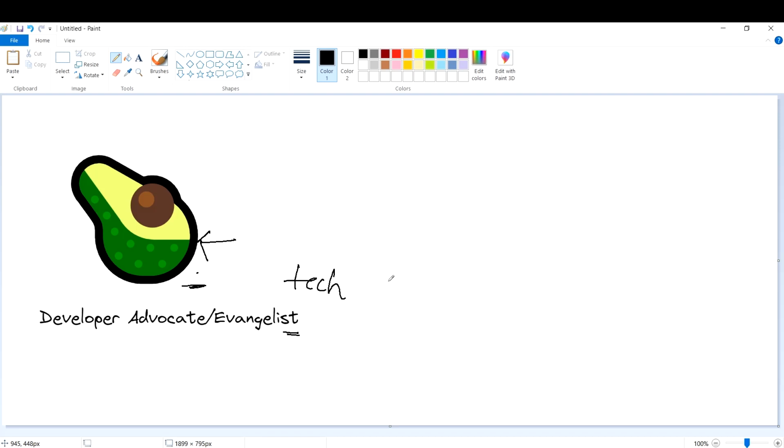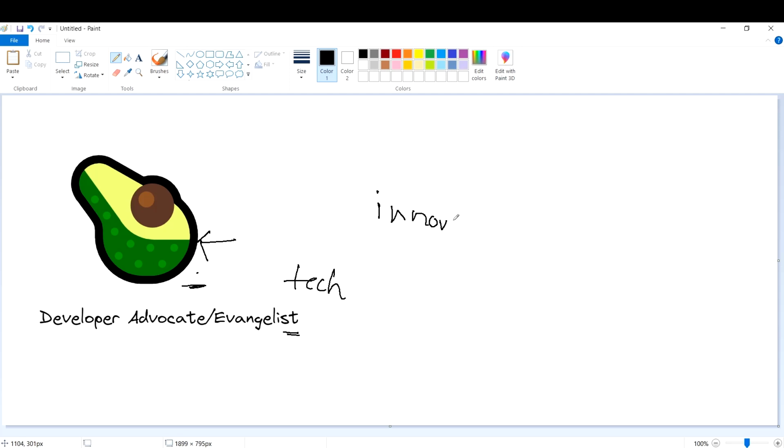In addition to its popularity as a symbol, the avocado also represents qualities that are valued in the developer advocate community, such as innovation. If you see, most of the people work towards building community when they are in a developer advocate role. Building a community requires a lot of innovation, creativity, and adaptability.